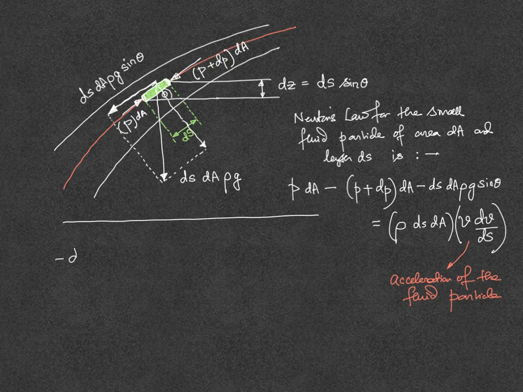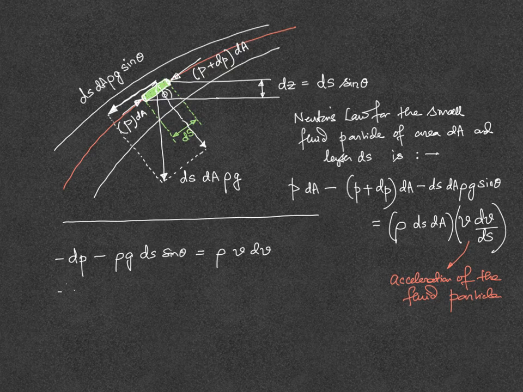So you get minus dP minus rho g ds sine theta is equal to rho v dv, because you have a ds here and a ds here, so those two will cancel, and dA has already been cancelled.